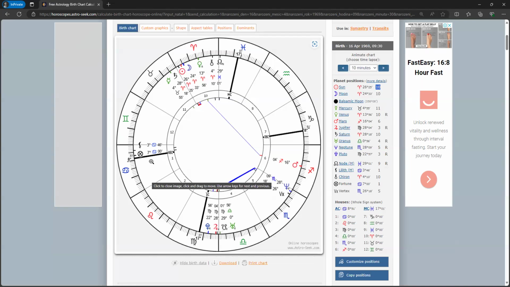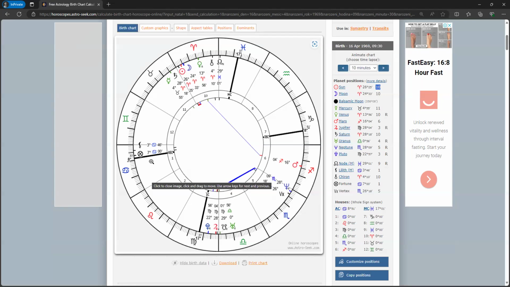An important thing for you to learn before you jump to your wheel or after you've looked at your wheel, next thing you might want to take a look at is the modalities. For instance, cardinal is a modality, and that is Cancer, Libra, Capricorn, and Aries. Mutable: Gemini, Pisces, Virgo, Sagittarius.